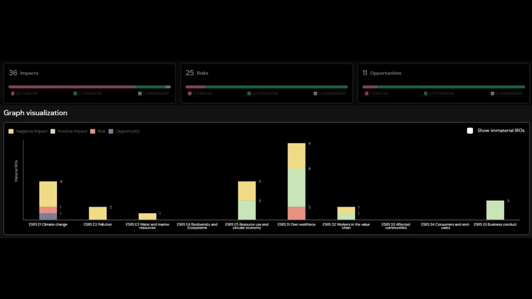And here we're looking at biodiversity and ecosystems, affected communities, and S for consumers and end users. Now, at first glance, when you think industry, we instantly want to think about the biodiversity impacts, and it might be a surprise then that there are no material biodiversity IROs.